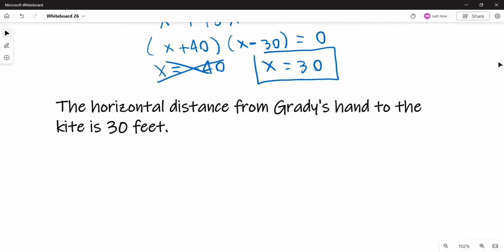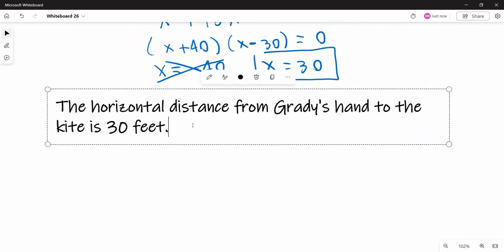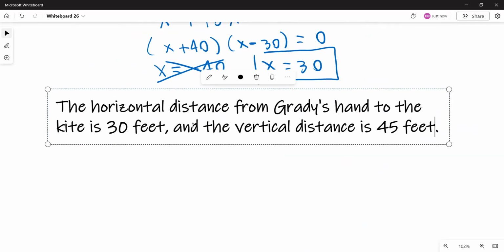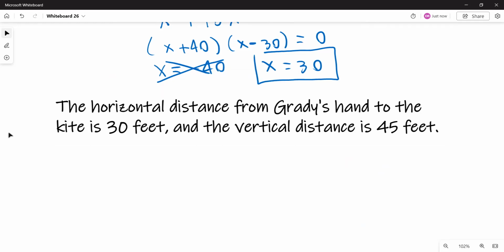So the horizontal distance is that, and the vertical distance is 45 feet. It's 45 feet because that's going to be 30 plus 10 plus 5.